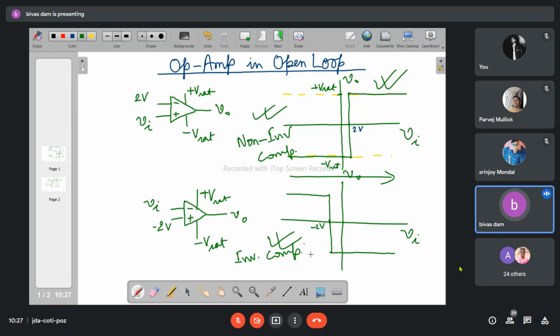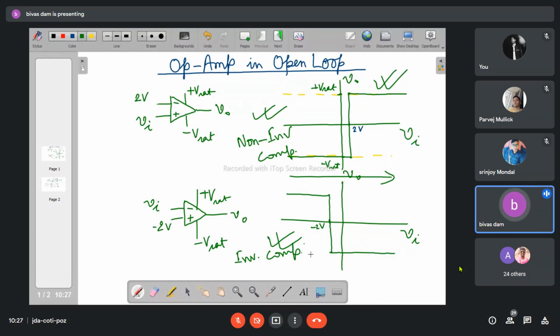So be it open loop, be it closed loop comparator, there will always be two different output levels. One is the plus VSAT level, the other is the minus VSAT level. But be it open loop or closed loop, the comparators can always be characterized in 2 distinct categories. One is the inverting type, the other is the non-inverting type.